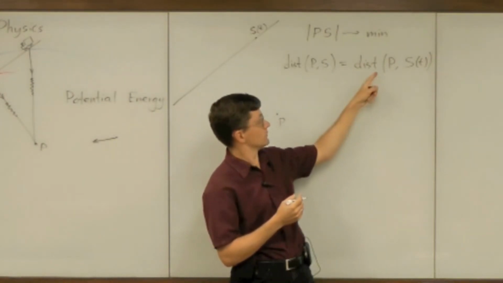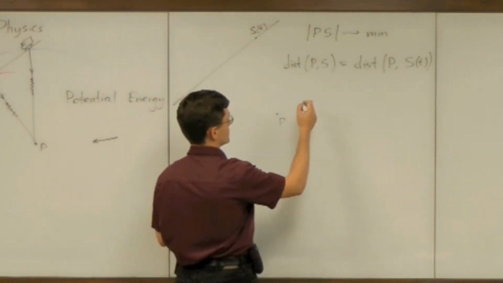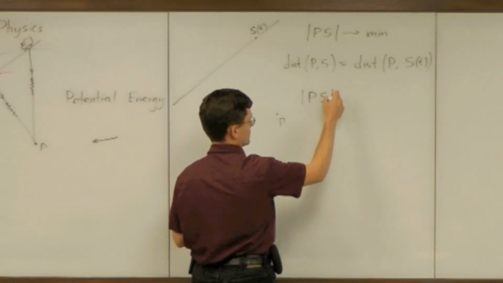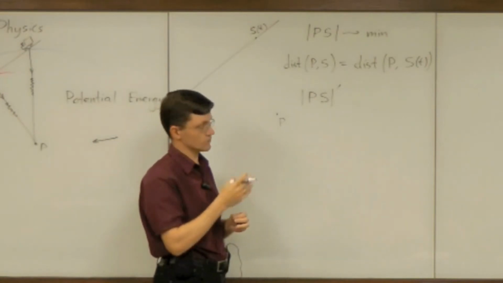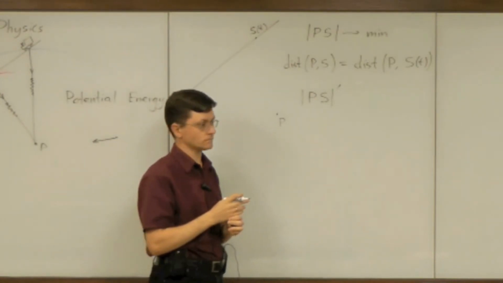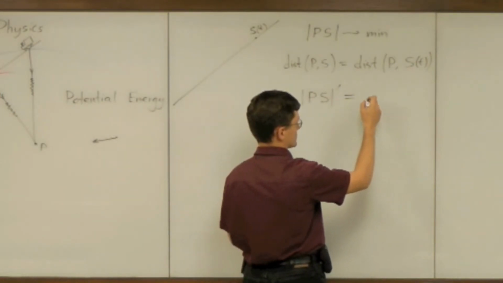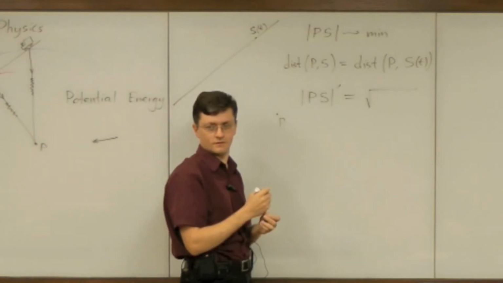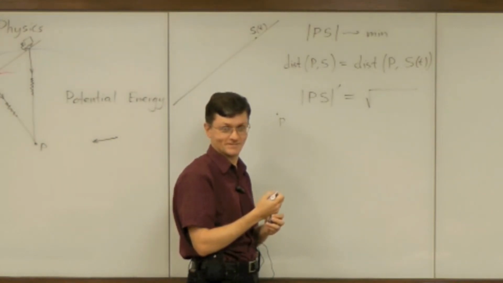So can we differentiate that? I hope at this point you know how to find the derivative of the distance between two things, 2 points. Well, in order to do that, the standard thing is to interpret the distance as we did last time.